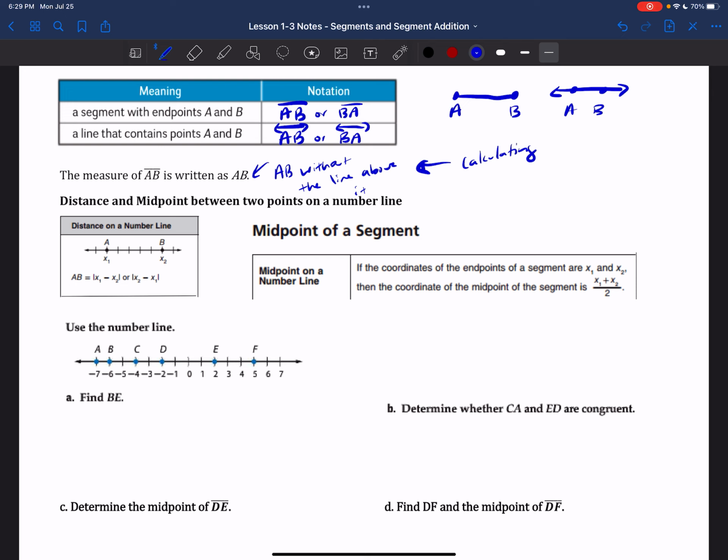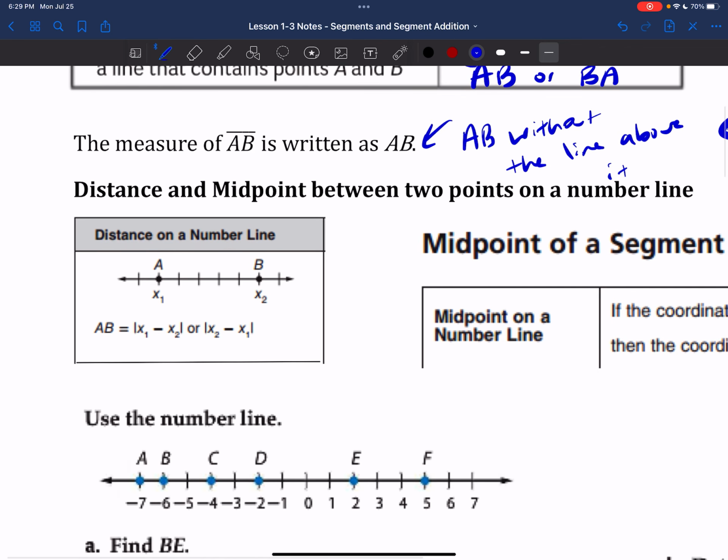If I want to find the distance, I'm asking how far you are from me, the length between us. Here's the distance on the number line. How far away is A from B, or how far away is B from A?